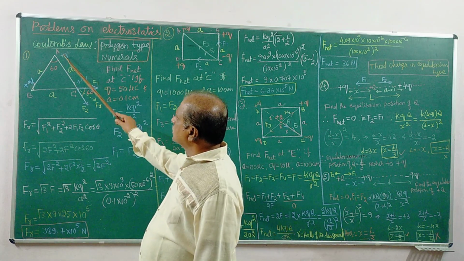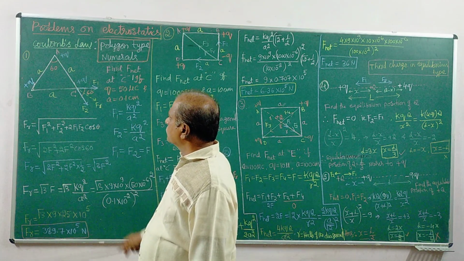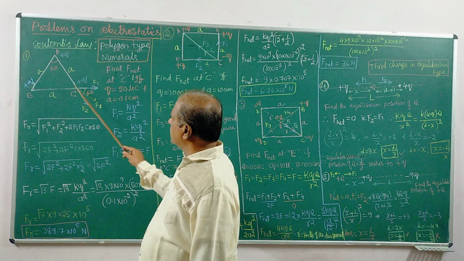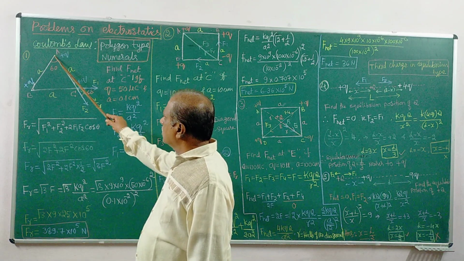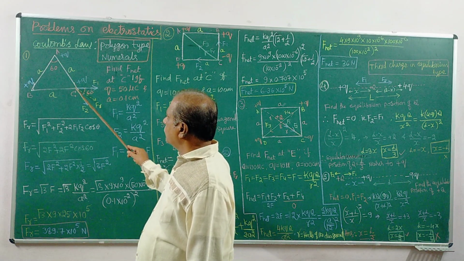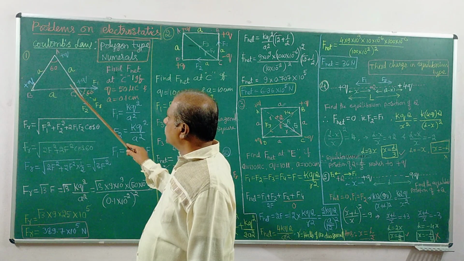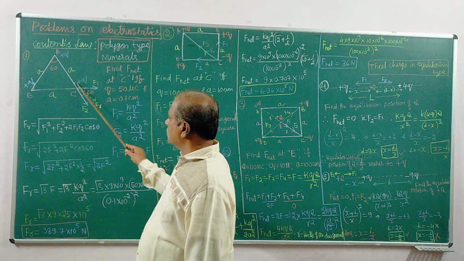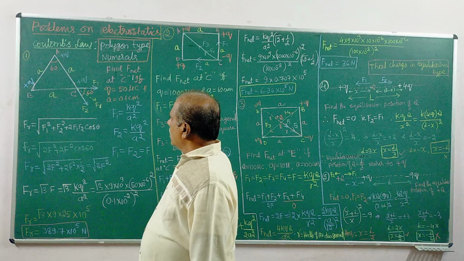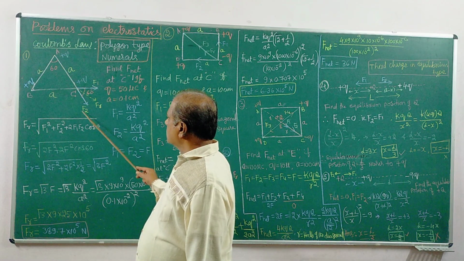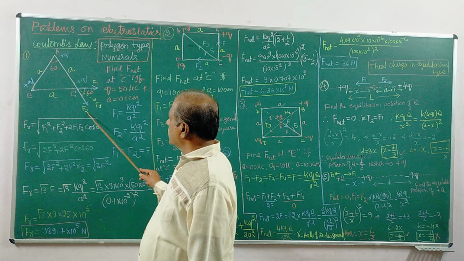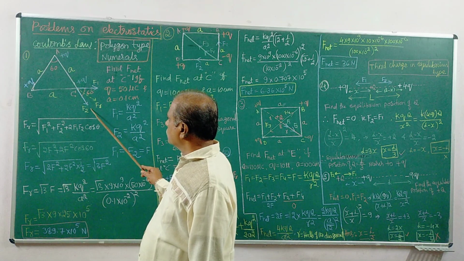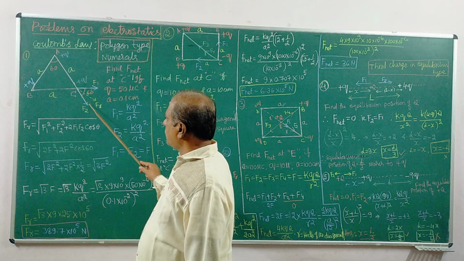The other charges are this and this. The interaction is between this charge and this charge. There is a Coulombic force, of course a repulsive force, because both carry plus charge. The repulsive force is F2. That is the direction of the force, away from this point.